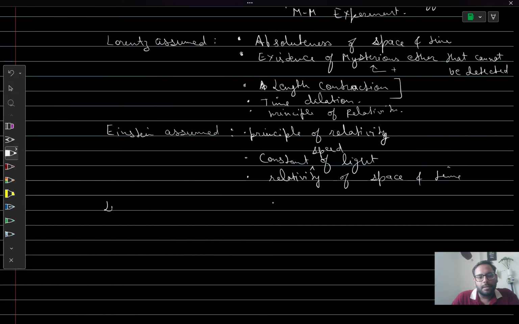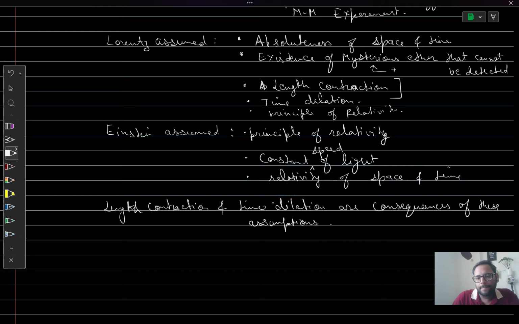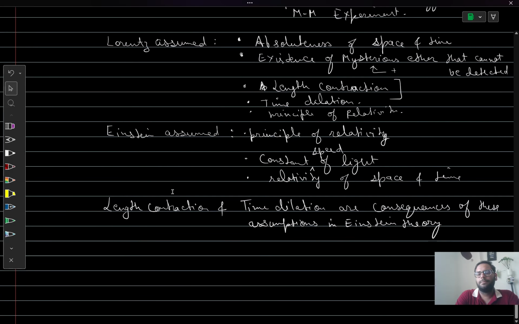Length contraction and time dilation are consequences of these assumptions in Einstein's theory.